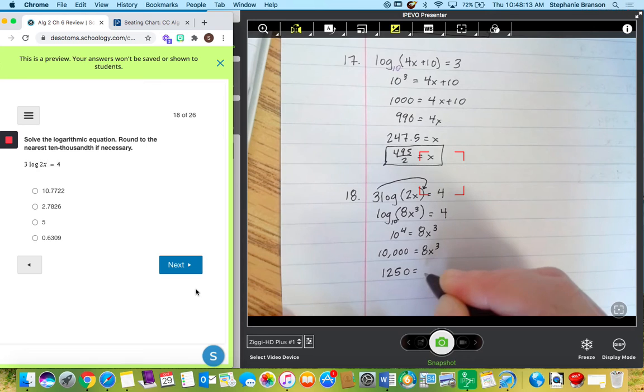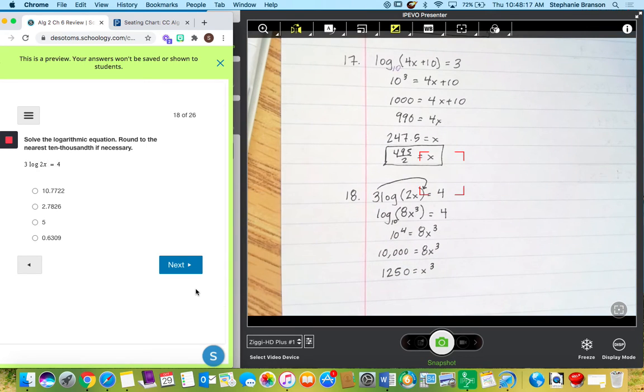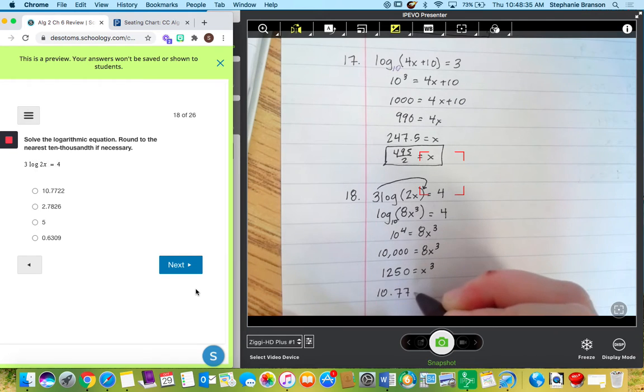And we get 1250 is equal to x cubed. Now, how would you get x by itself? Cube root. The cube root of 1250 to the nearest 10,000th is going to be 10.7722 is equal to x.